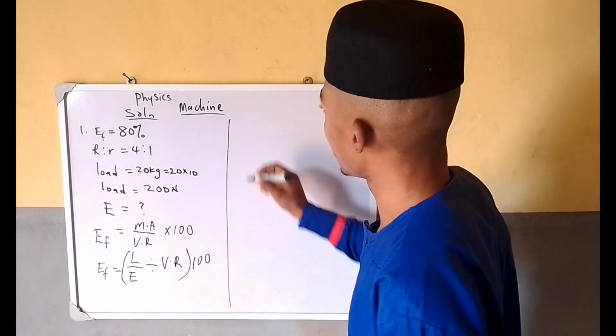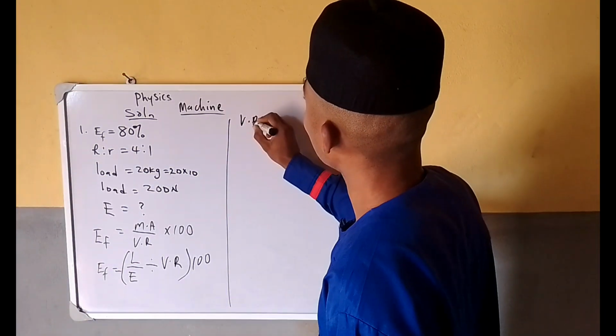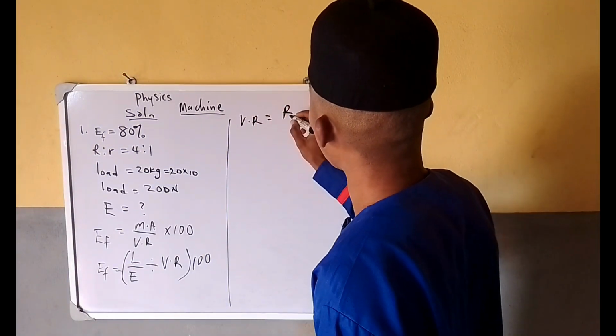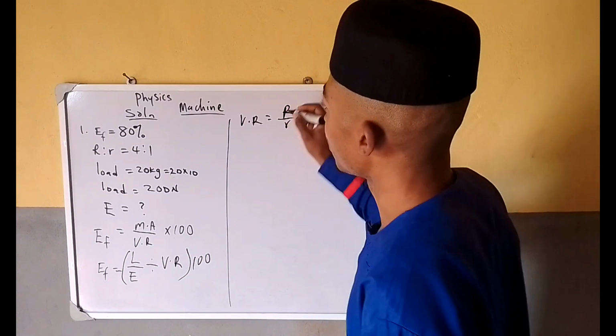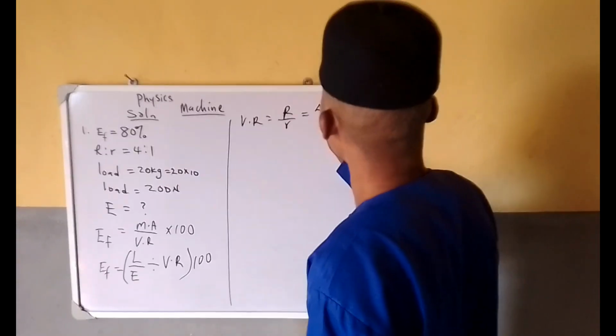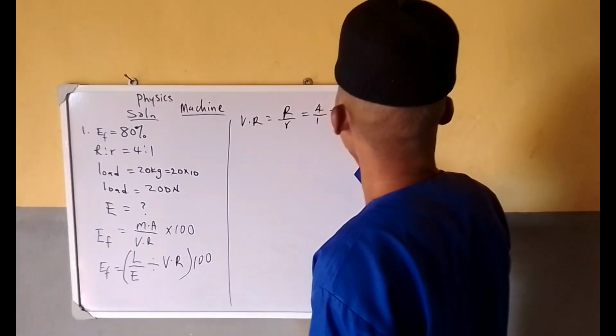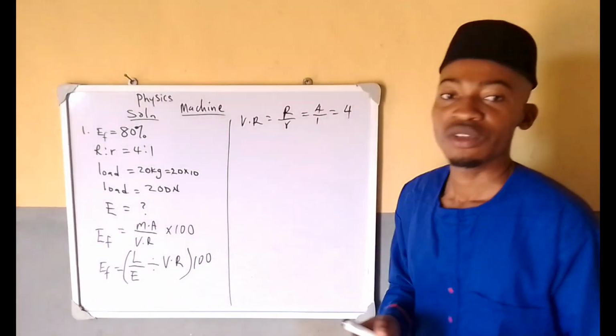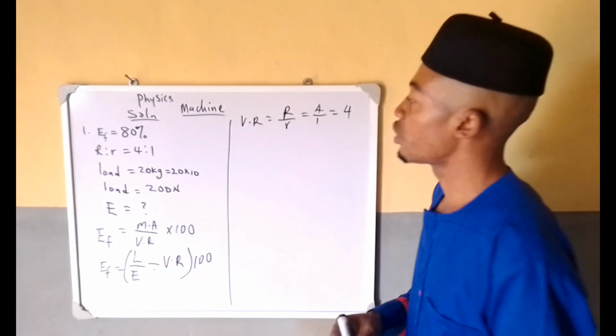So our velocity ratio VR is equal to capital R over small r, which is the same thing as the ratio, and that is given in the question as 4/1, which is equal to 4. So my velocity ratio is 4.